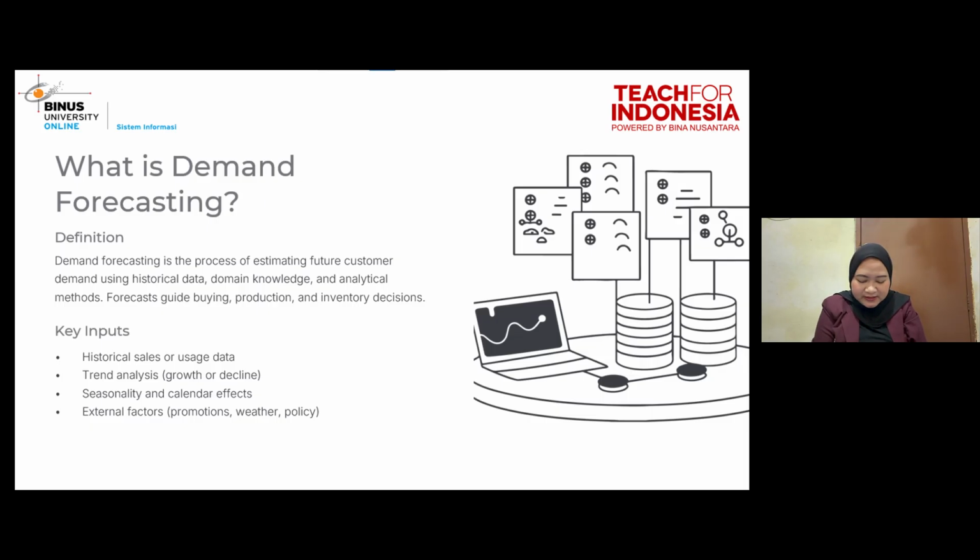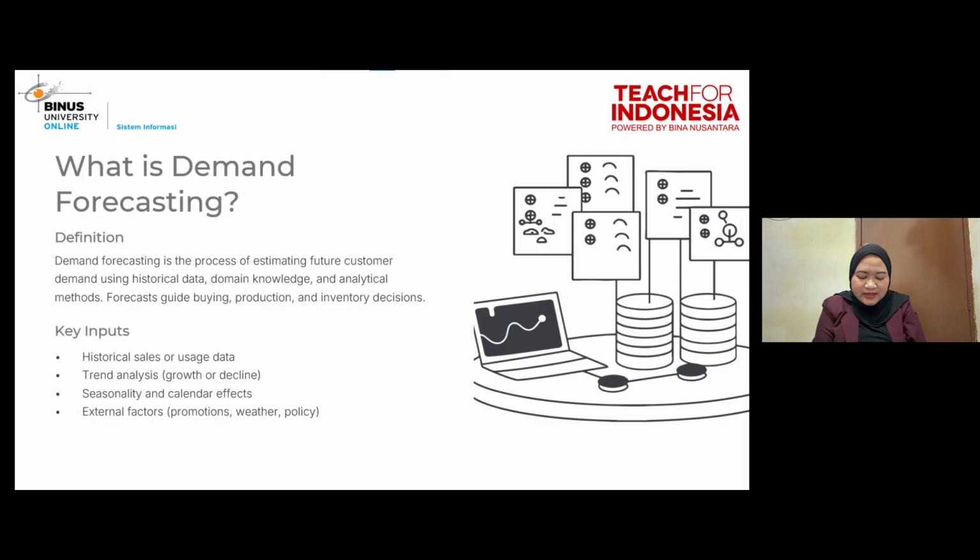By the end of this lesson, you should be able to define demand forecasting, explain its importance in inventory management, describe common forecasting methods, calculate a simple forecast, and understand how forecasts are used in inventory planning. These concepts are widely used across industries, from retail and manufacturing to healthcare and logistics.